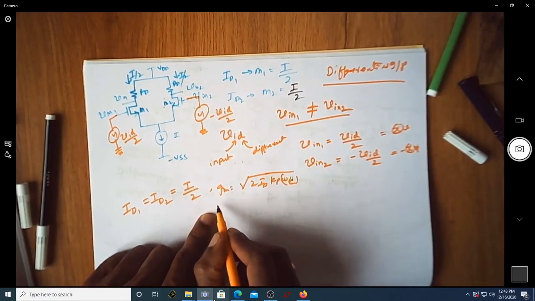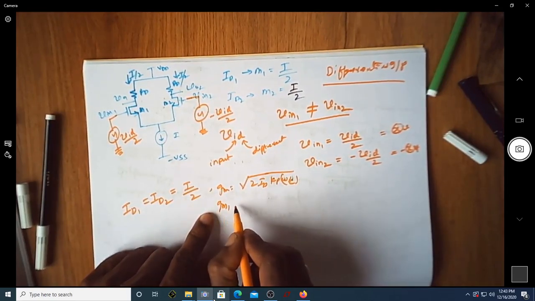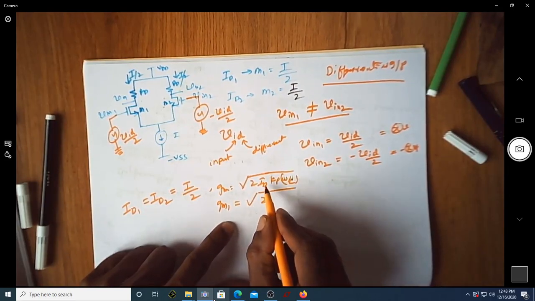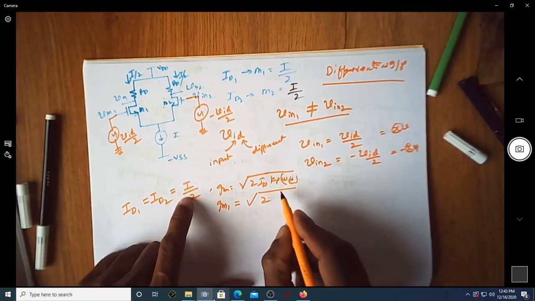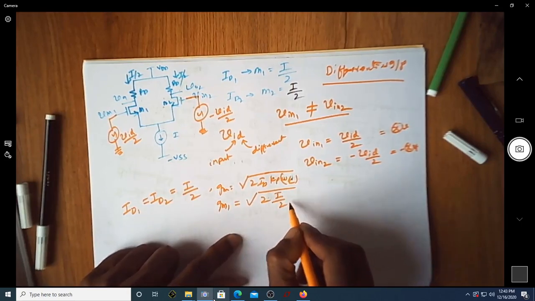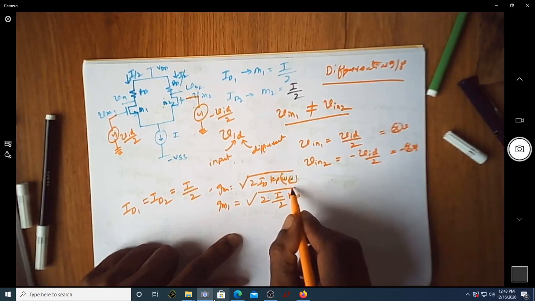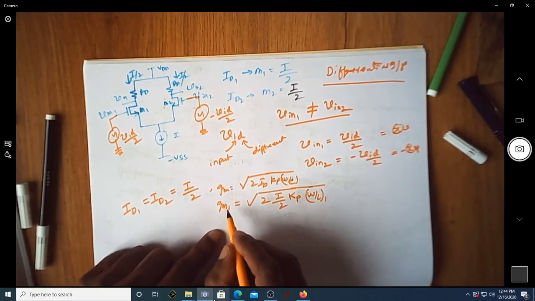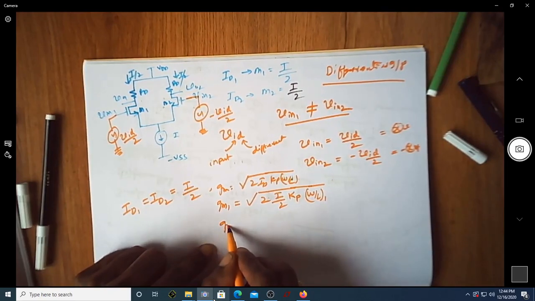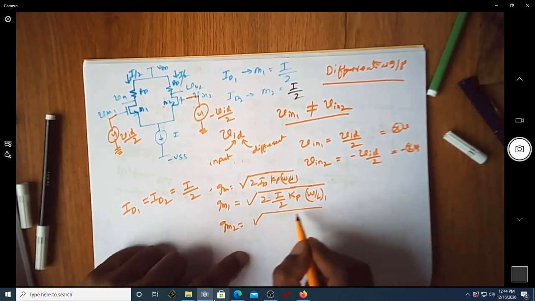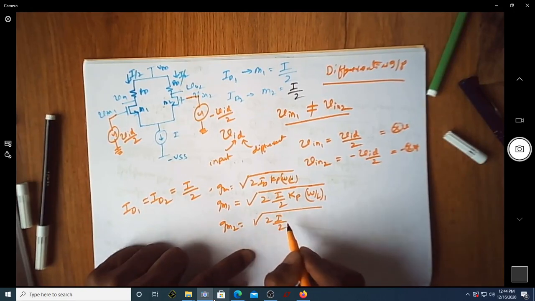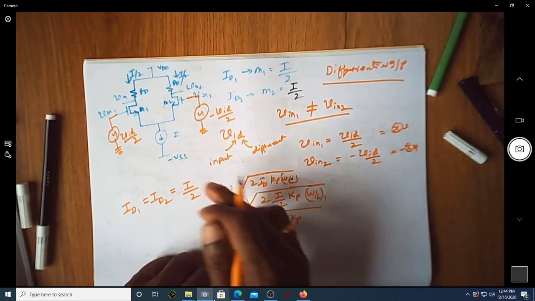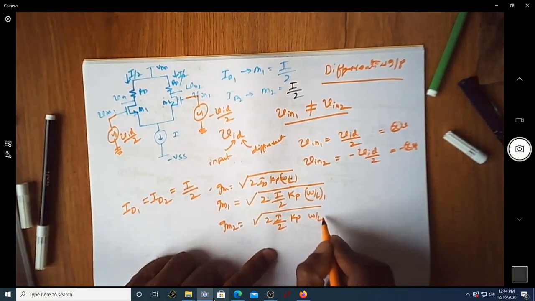Suppose you want to find gm1: you can write it as the square root of 2 times I by 2 times Kp times W by L of the first transistor, M1. Similarly, gm2 is equal to the square root of 2 times I by 2, because ID is half of the tail current, times Kp of the NMOS transistor times W by L of M2.